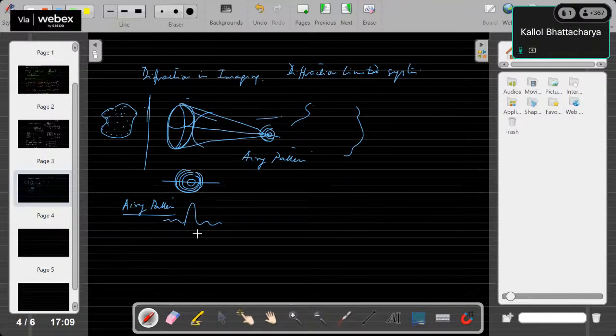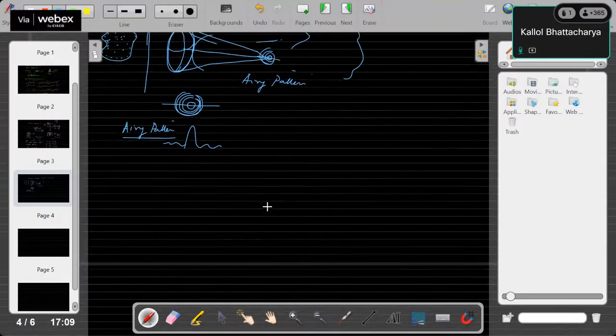And from here, we come to the concept of Rayleigh criteria. We know Rayleigh criteria. If you don't remember, I'll request you to go back to your textbooks. Rayleigh criteria is in every optics textbook. But what I want to stress here is Rayleigh criteria says that the minimum resolvable distance L minimum is equal to 1.22 lambda f by d. This we also discussed in the last class.